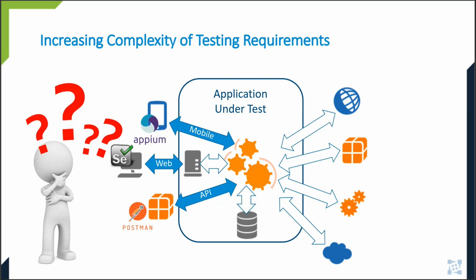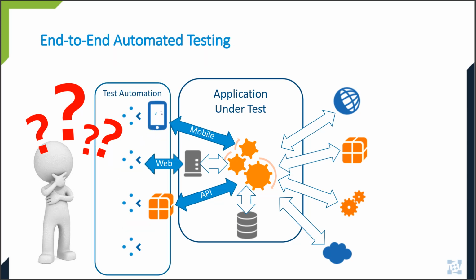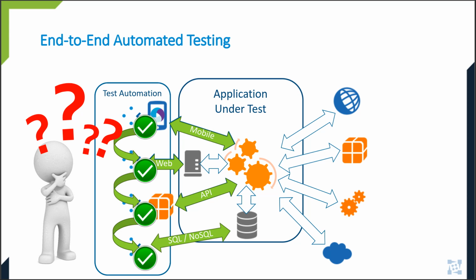Now, for you to be able to really test the application completely, and test the user stories and the workflows completely, you need to be able to orchestrate test automation at the front end through each of these different channels, both front end, human, non-human channels, as well as validation with the back end.